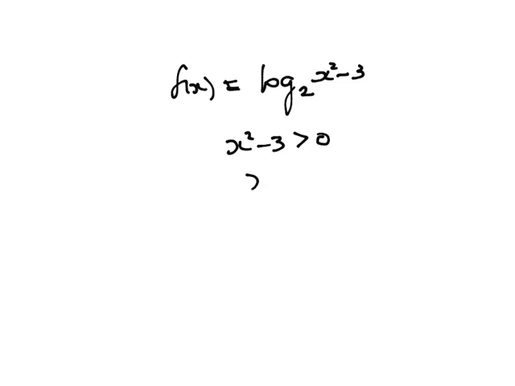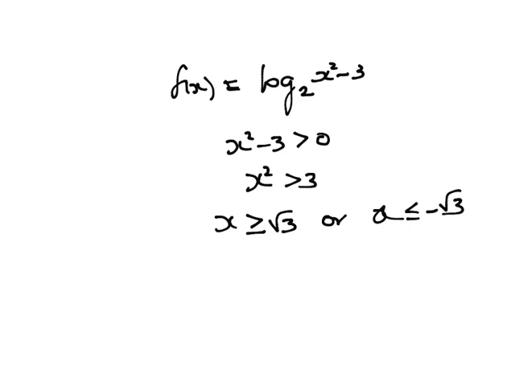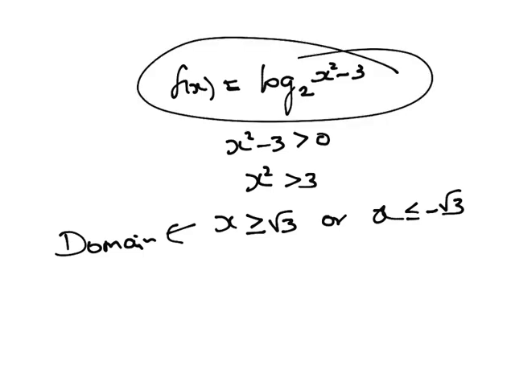Therefore x square should be greater than 3. That means x should be greater than or equal to root 3 or x should be less than or equal to minus root 3. So this is the domain of this function. Okay. So I hope you're able to understand what I'm trying to say.